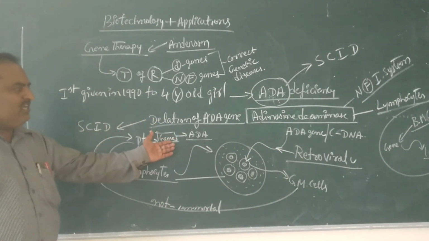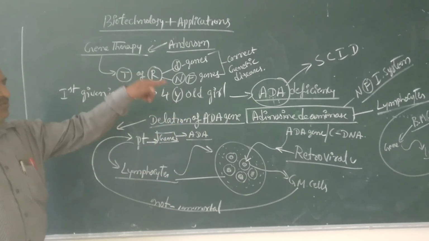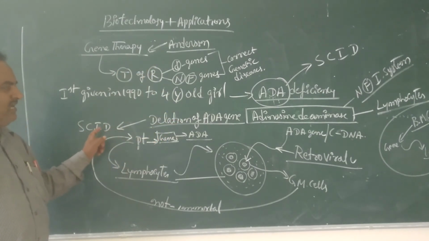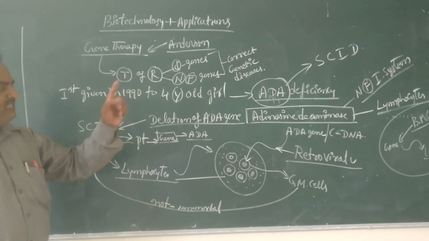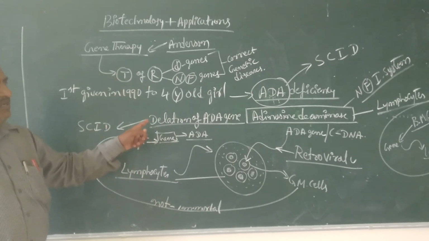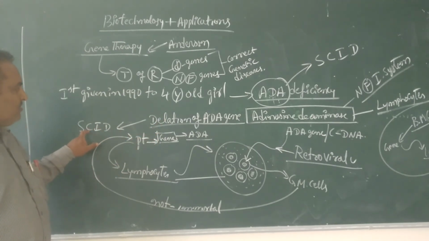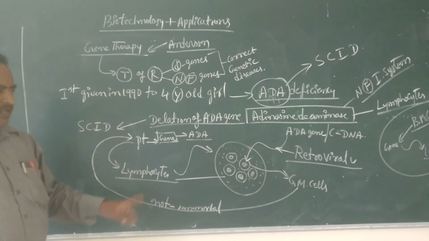Here the ADA gene functions in the patient. The ADA gene produces adenosine deaminase. Then SCID is rectified as the adenosine deaminase enzyme is produced. The deficiency is avoided, and this kind of disease can be rectified or cured.